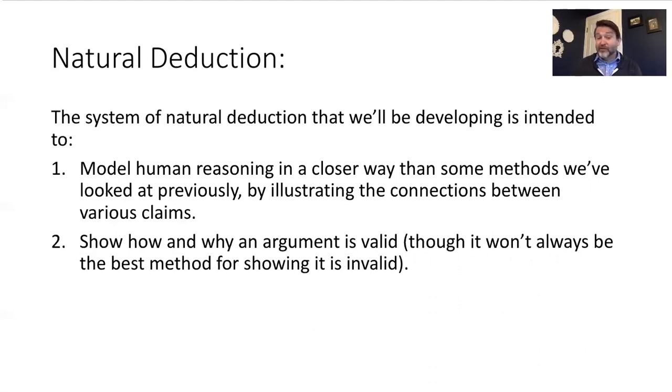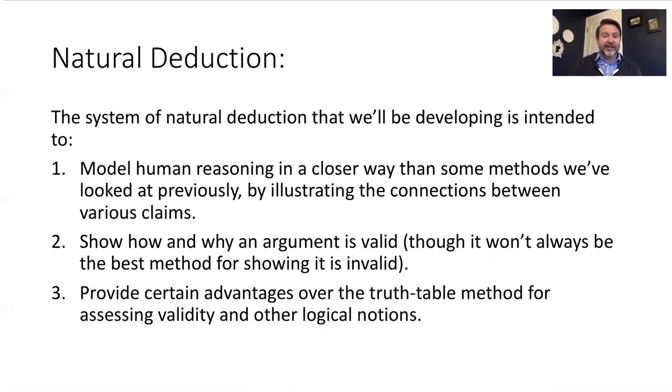So this system is an improvement because it's going to give us additional information about why an argument is valid. That's not always the best method for showing that an argument is invalid. Counterexamples will continue to remain an important feature that we need to investigate invalidity. And then finally, this system provides certain advantages over the truth table method for assessing validity and other logical notions.